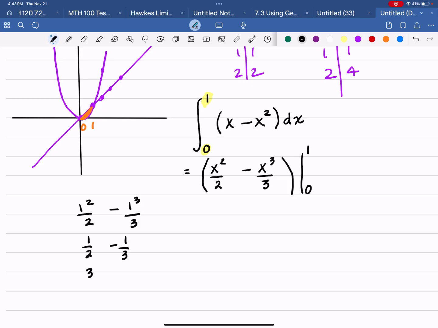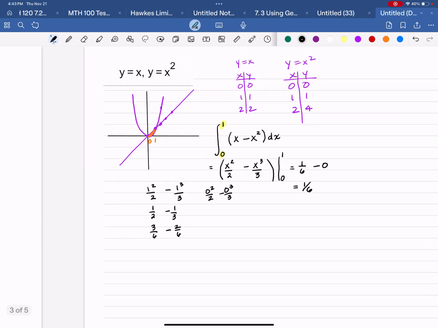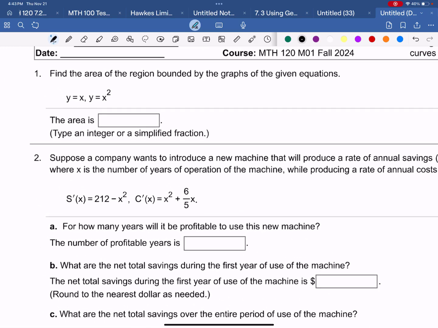So that's 3/6 minus 2/6, which is 1/6, minus 0 squared over 2 minus 0 cubed over 3, which is 0. So my answer is 1/6. So the area between the curves is 1/6.